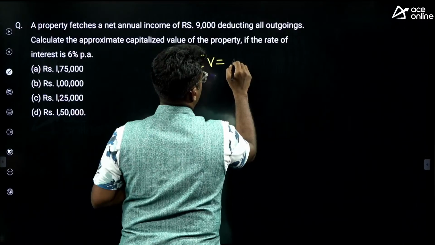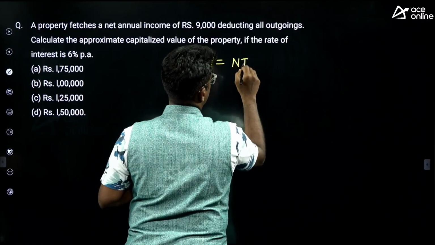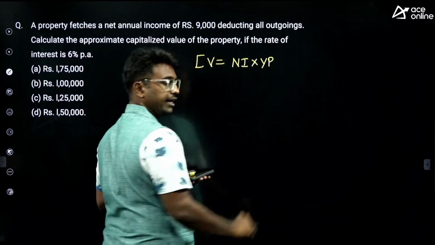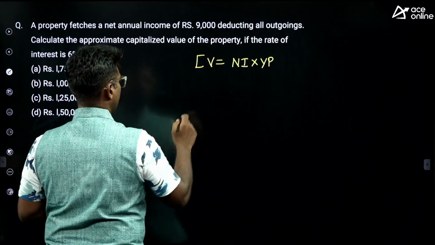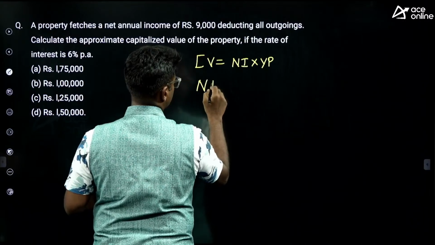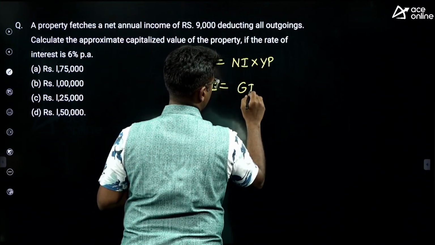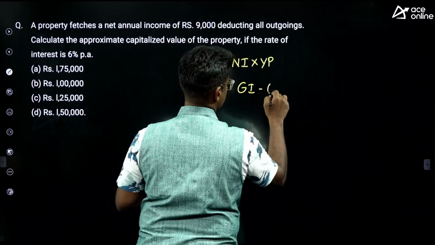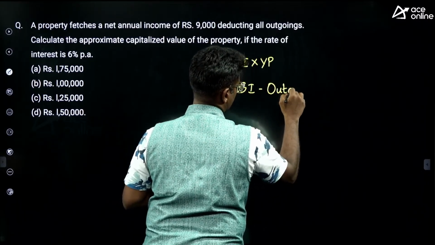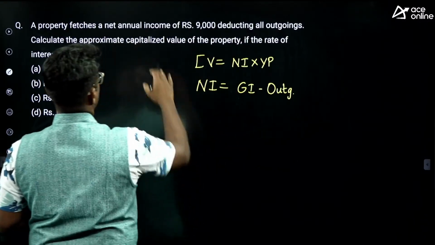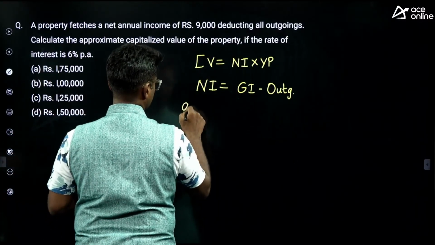Net income into year purchase. So how do we get the net income? Gross income minus outgoings. Right? Net income is already given, 9,000.